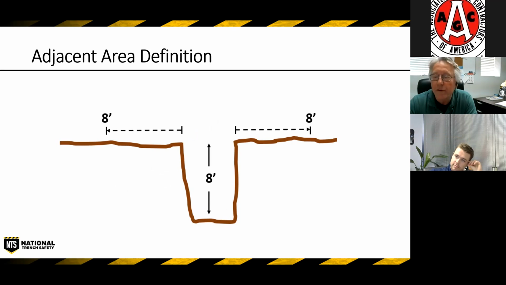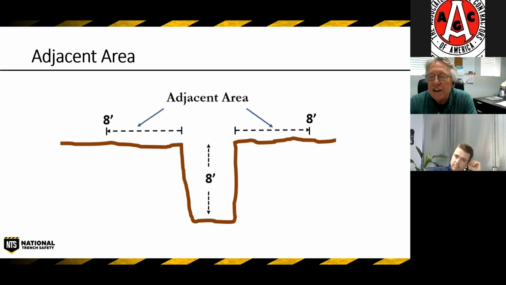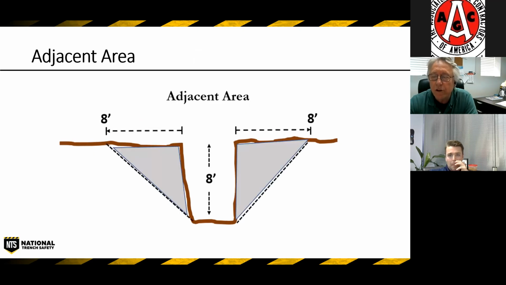So for example, if we're 8 feet deep, we're talking about the distance 8 feet out from the lip. Now, this adjacent area is important, and as Jay pointed out, it's a sacred area. We really have to respect this area, and we also want to think about the area below ground as well.